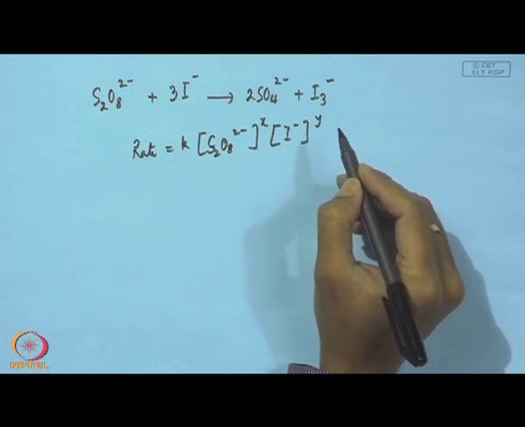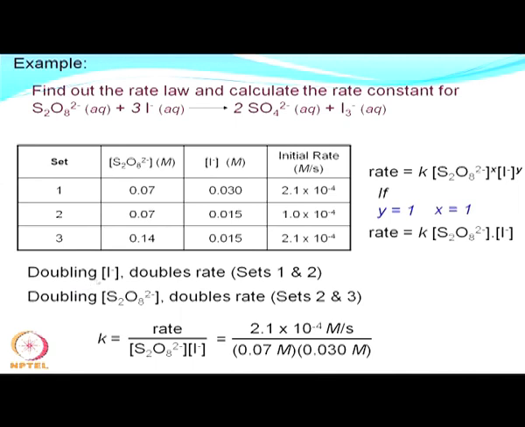If we look into the data, you see that doubling I- doubles the rate. If we double I- from here to here, the rate is doubled. So, from sets 2 and 1 we see this. That means we are keeping the concentration of persulfate fixed and we are just looking into how it is depending, whether it is linearly dependent or depends in some non-linear way.